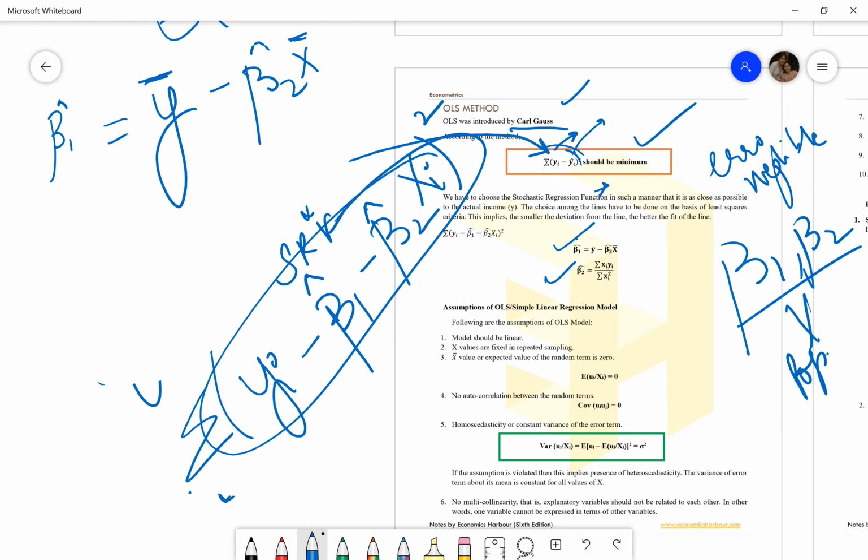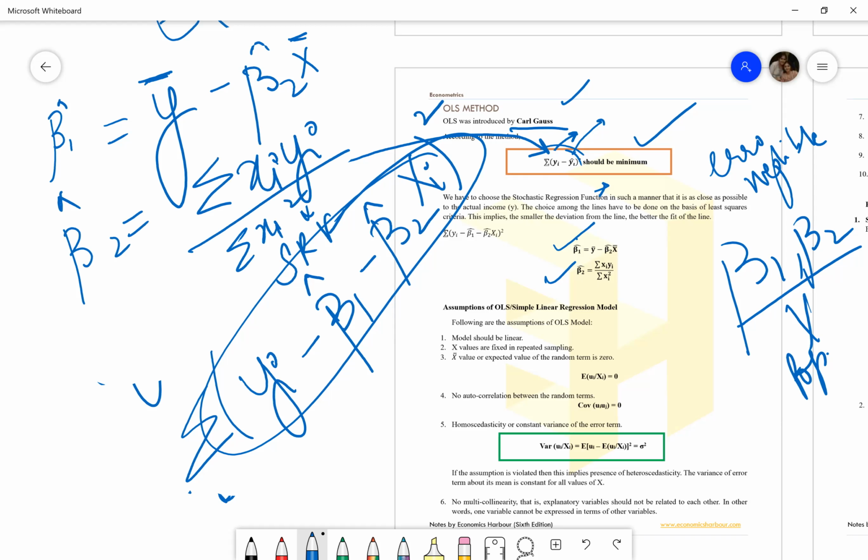And beta 2 cap is equal to summation xi yi upon summation xi square. Now you need to remember these two formulas as they are, because you can get a direct mathematical question based on them. They will give you different values and you have to find your parameters.